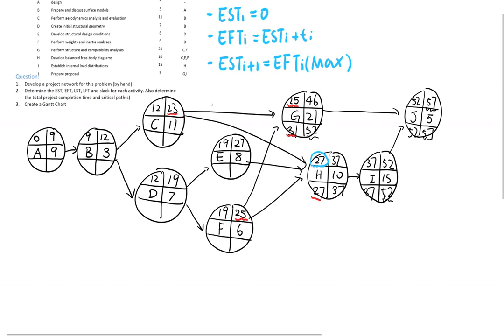In the backward pass, we will choose the minimum number, or the earliest date, because we need to make sure the predecessor C is finished before we can start on G or H. If activity H can start on day 27, meaning C is finished by day 27, the value should be 27. 27 goes in here. And then this is 27, 19.